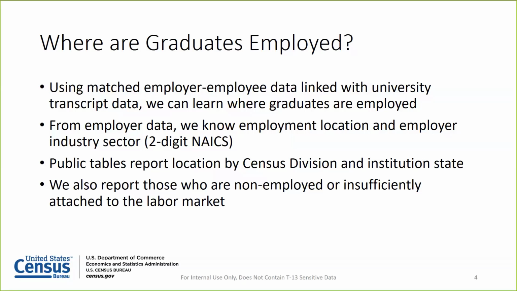If you download the full data table, you'll see the divisions, and then there's a separate column for those employed in state, which is only non-zero in the division that the institution state is in. So for instance, in the Mountain Division, Colorado is in that in-state one.